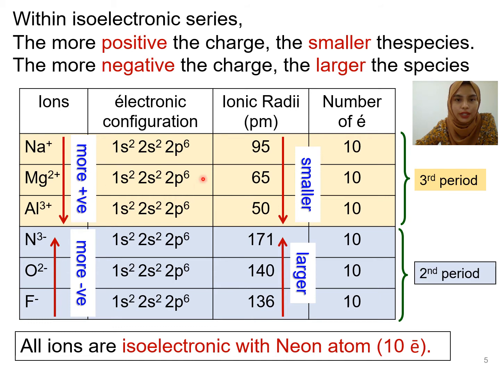They are isoelectronic series. Sebab kenapa? Bila Na plus jadi je ion Na plus, Mg2 plus, Al3 plus, tiga-tiga ions ni adalah isoelectronic ions because they have the same electronic configuration. So because diorang ada 10 electron, so the number of electrons ada 10 untuk ketiga-tiga ions ni, okay?